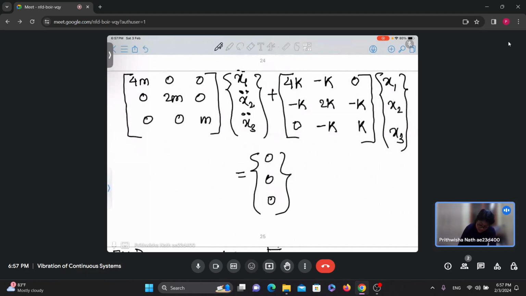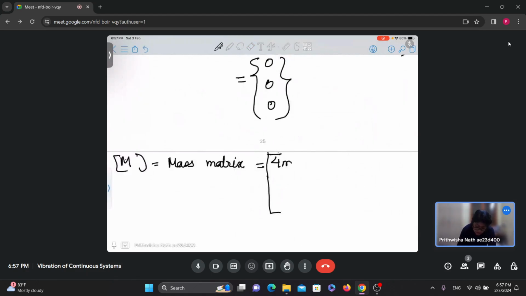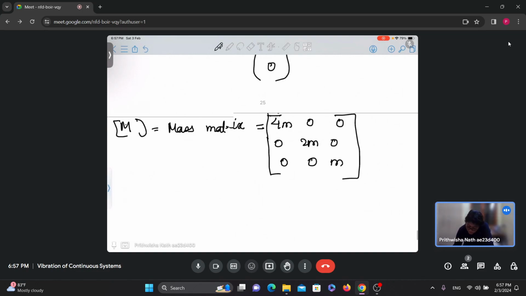So the mass matrix is 4m 0 0, 0 2m 0, 0 0 m. And similarly, what is the stiffness matrix?